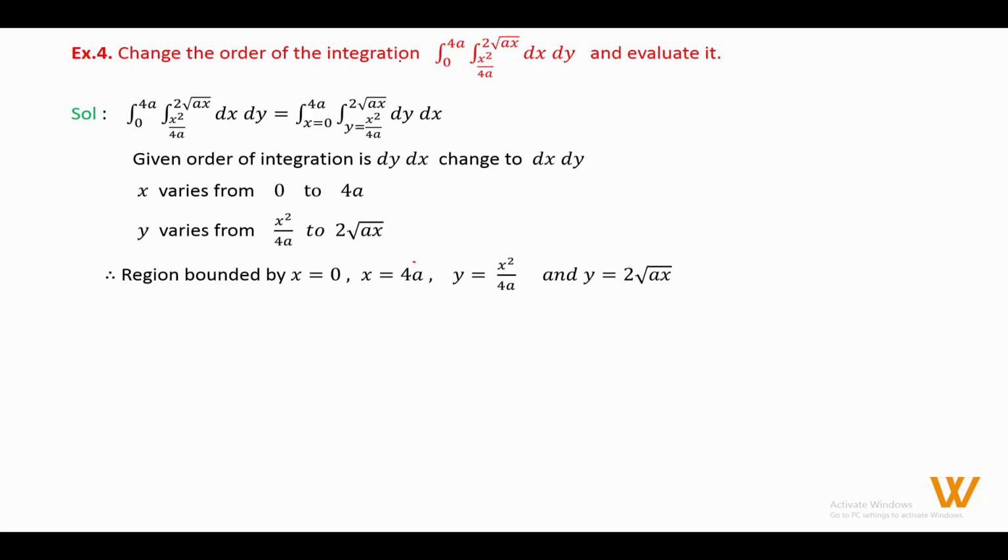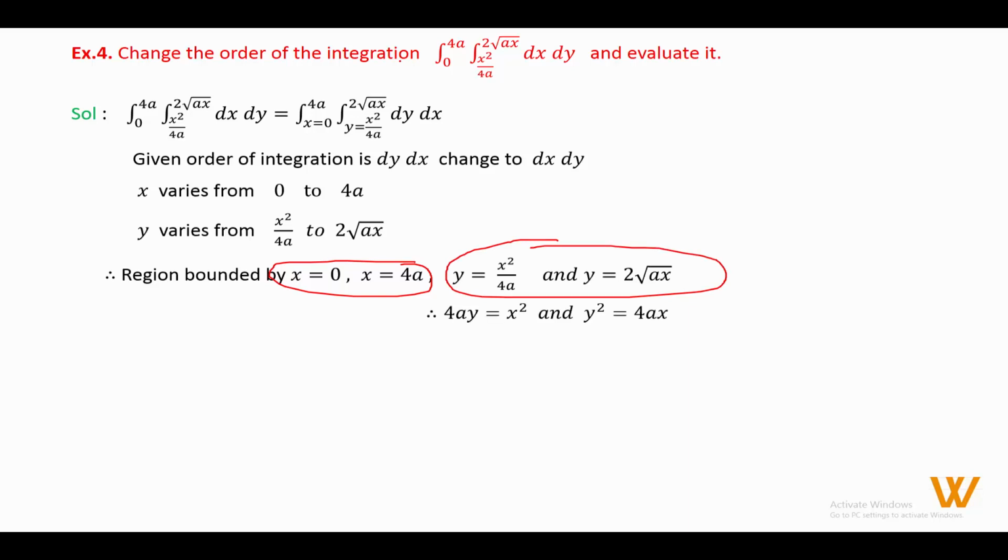Now the first two are equations of lines. Now simplify the next two curves. Cross multiply, so 4ay equal to x square. Squaring both sides we get y square equal to 4ax. Now both are equations of parabolas.